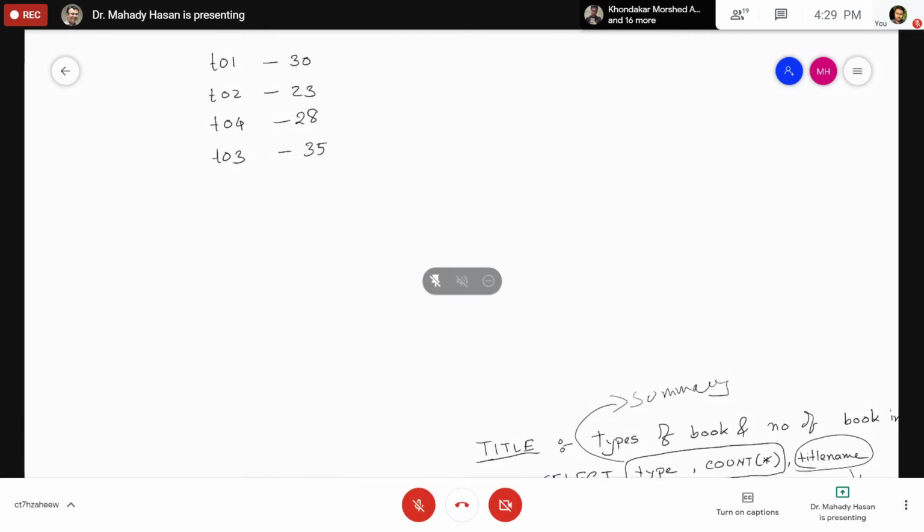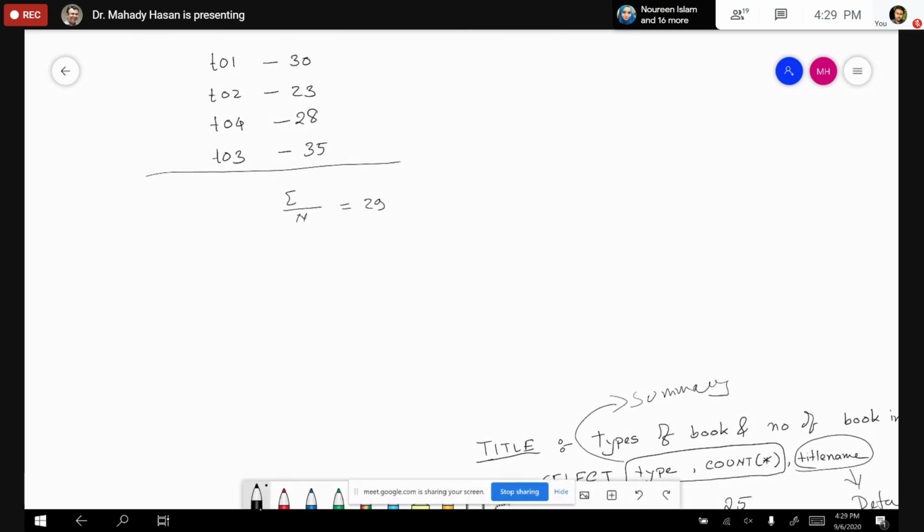This is basically the title table, right? So from there we can make an average. So what would be the average value? তো সাম প্রাইস কত হবে? বাই এম। কত হবে? 29 স্যার। এখানে 29 হচ্ছে? হ্যাঁ স্যার। Okay.